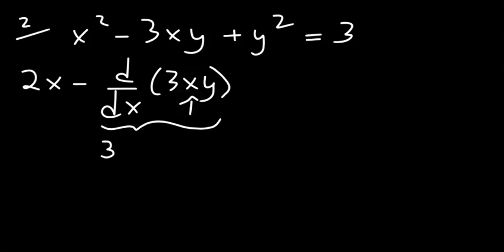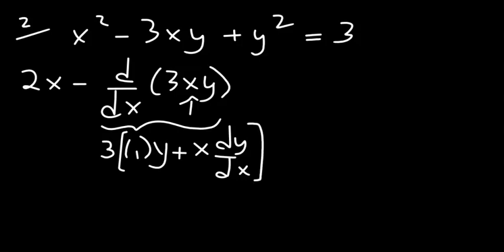Differentiate the first one, which is simply x, so if you differentiate x with respect to x, you get 1. You multiply that with the second term, which is y, plus you write the first term and then you differentiate the second term with respect to x, and that is just dy/dx.